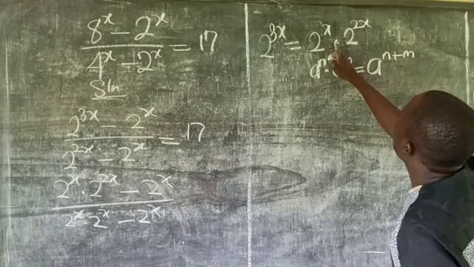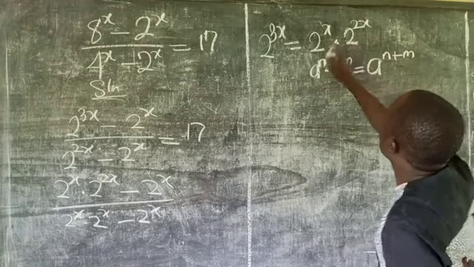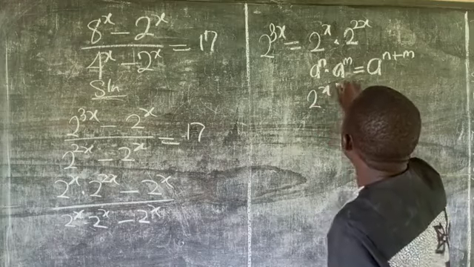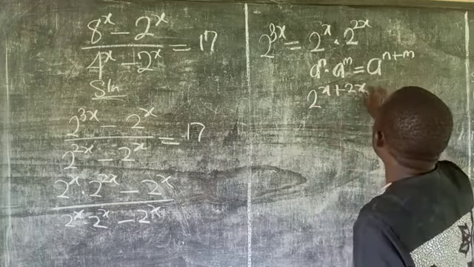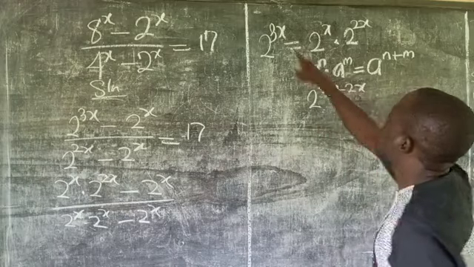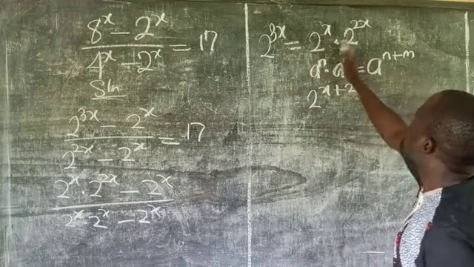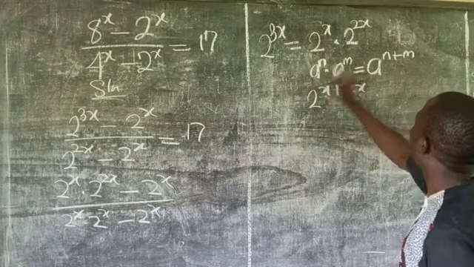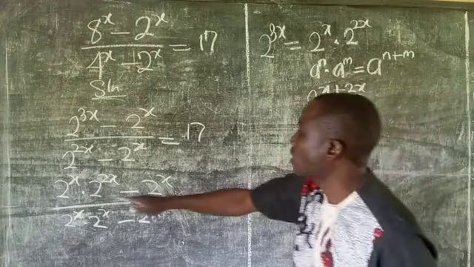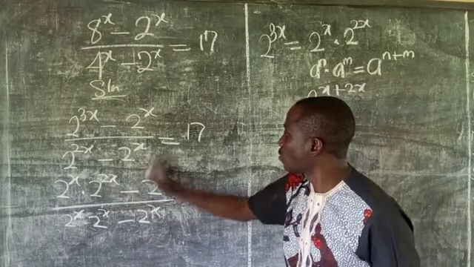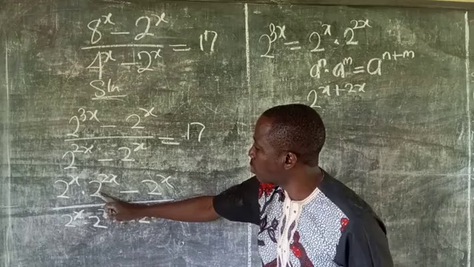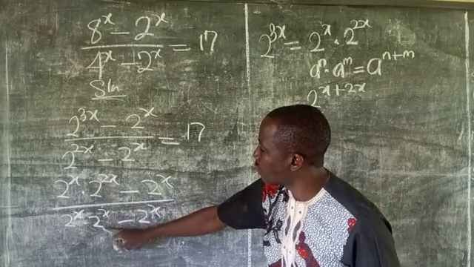So when it multiplies here, the right thing to say is 2 raised to power x plus 2x, which is 3x. So if you break it into 2, you are still doing the same thing. So you can go from here to here. So we are correct if you write this way. And also, the same principle with which we broke down the top is what we have used down here.